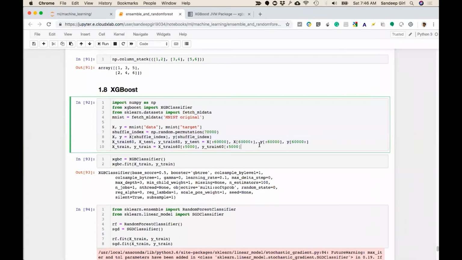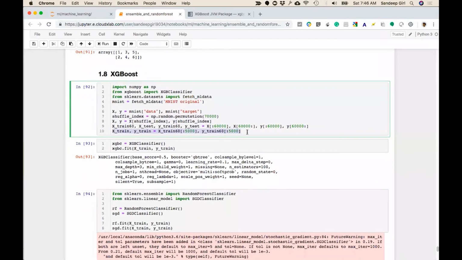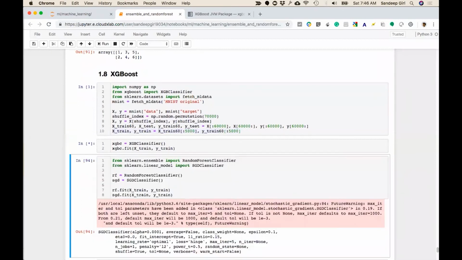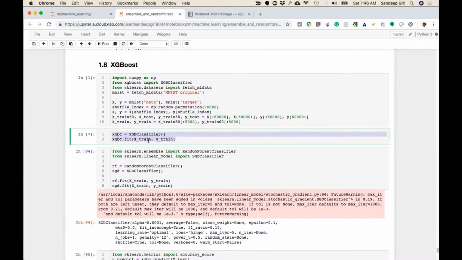Of course, we could just use the scikit-learn way of splitting. And yes. So here, this is where we are running. It's just a classifier. We are saying xgbc.fit, and everything looks exactly like the way we have.